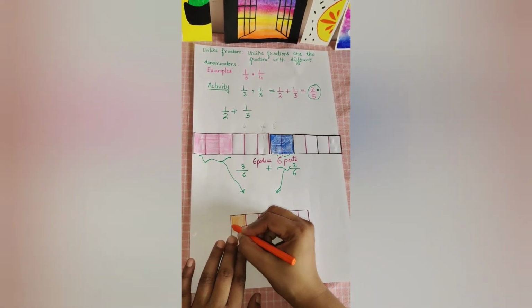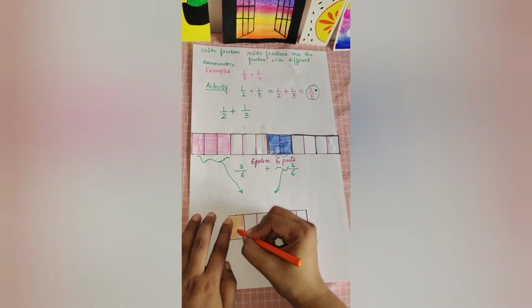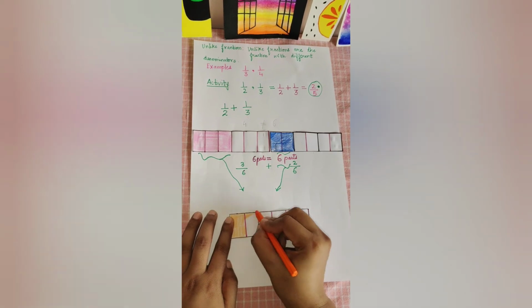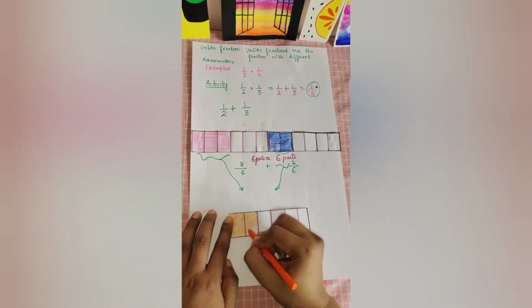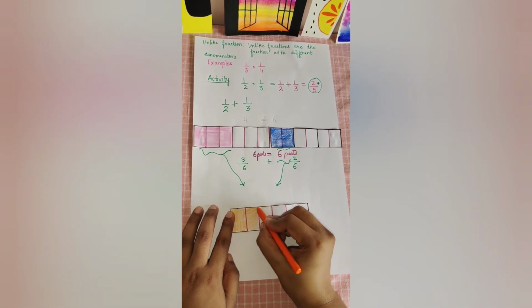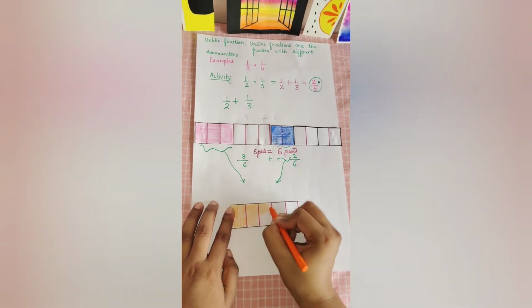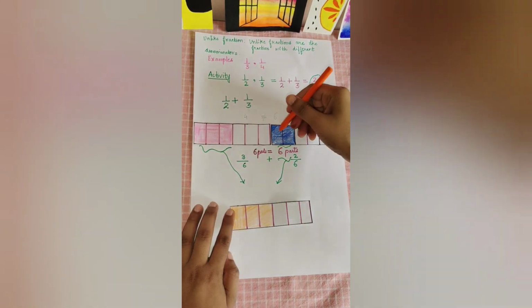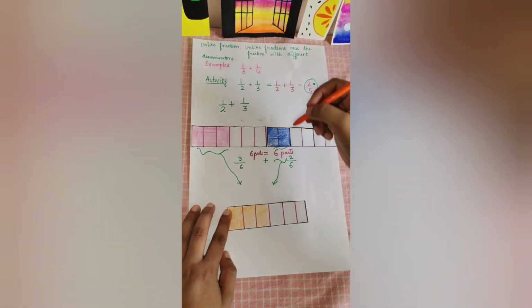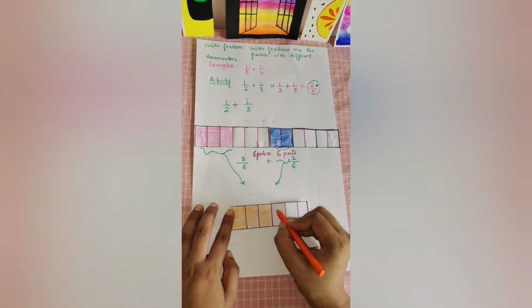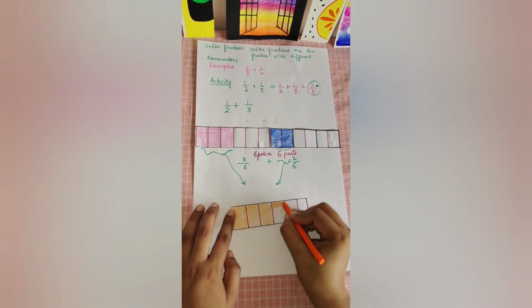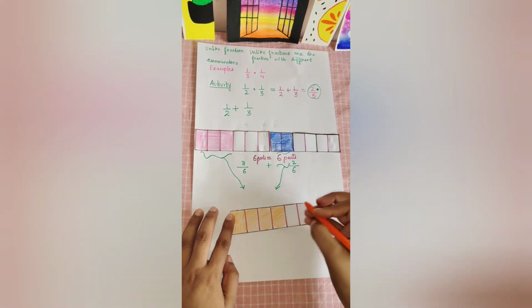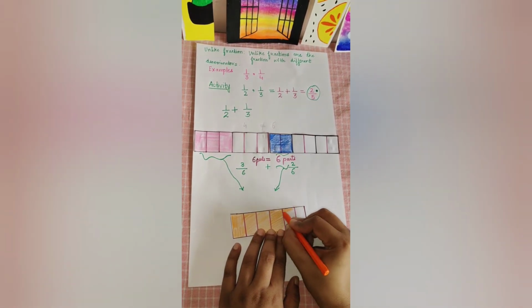Color it quickly. The second one, the third one. In this way we have shaded 3 by 6. Now these 2 parts, 2 by 6, over here. 1 and 2.